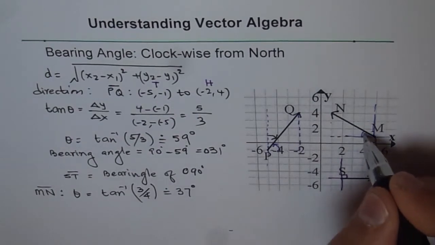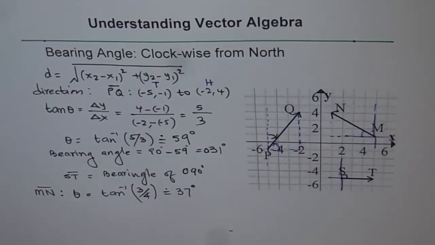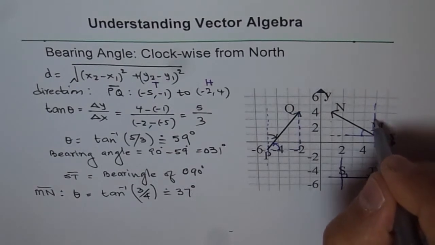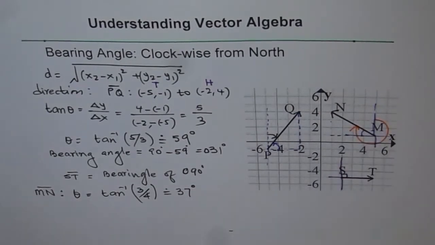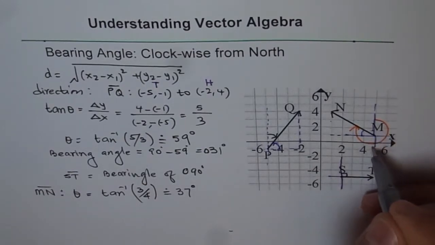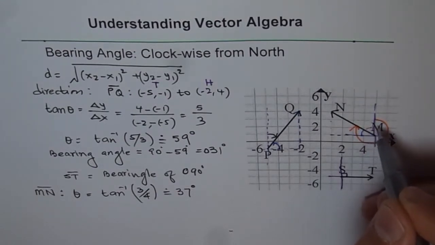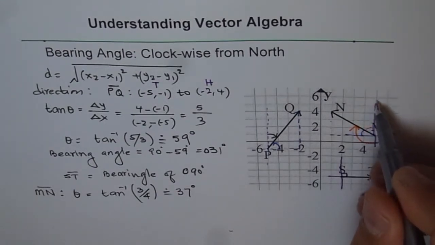Since this is 37 degrees, how will you find the bearing angle? The bearing angle is always measured from north. So the angle which you have to report is this much, going from here like this. Basically it is 270 plus 37. Or you can calculate how much is remaining and take away that much from 360.